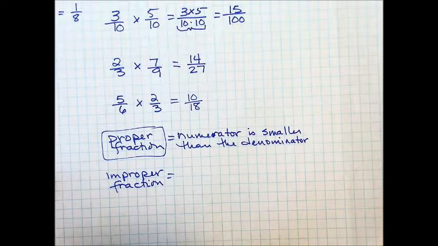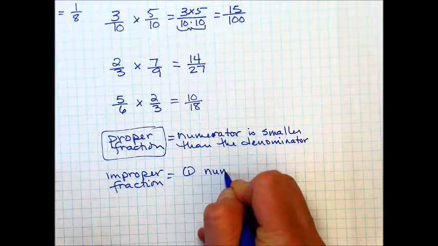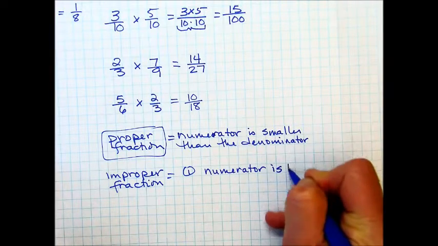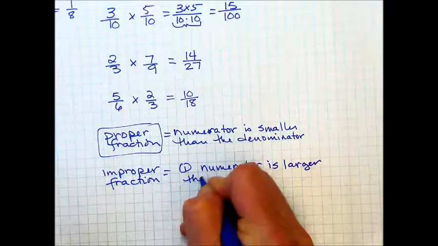There are two conditions that represent an improper fraction. The first is when the numerator is larger than the denominator.